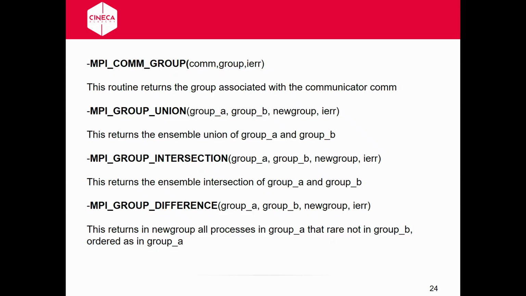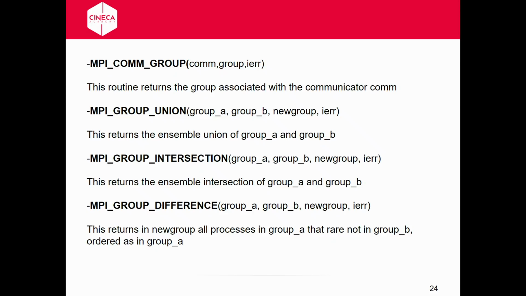You can do several operations on the groups you create. For example, the first command, MPI_Comm_group, returns the group associated with a given communicator.